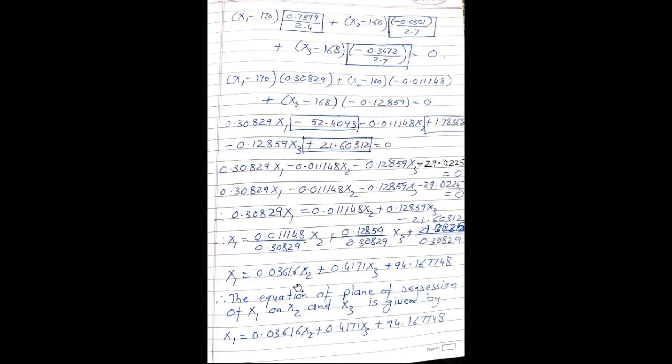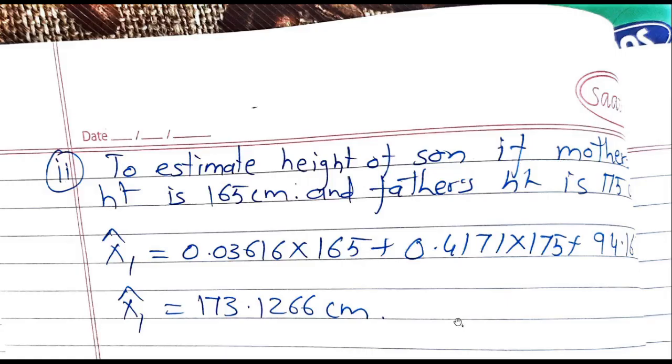So the final equation becomes x1 is equal to 0.03616x2 plus 0.4171x3 plus 94.167748. Therefore, the equation of plane of regression of x1 on x2 and x3 is given by x1 is equal to 0.03616x2 plus 0.4171x3 plus 94.167748. So this is the first part which is over.